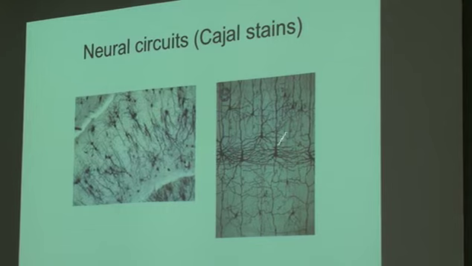This is one of his original pictures, and it shows a beautiful neural circuit. These days we call these things neural circuits, meaning that they are built in the way they're built to serve a function.